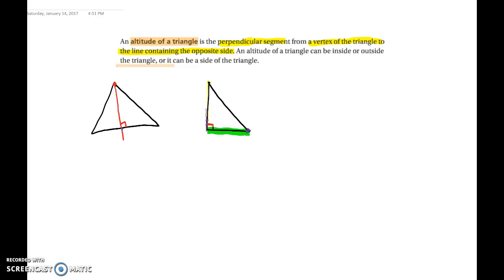So in a right triangle, the two legs that form a right angle are both, in fact, altitudes. And then the third one will be going from this vertex to the opposite side.